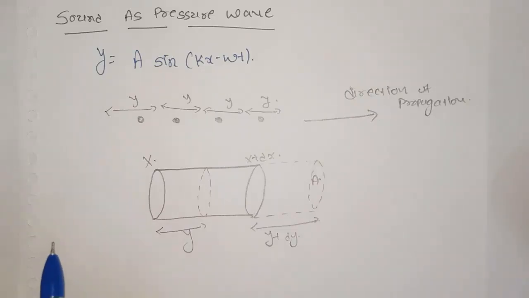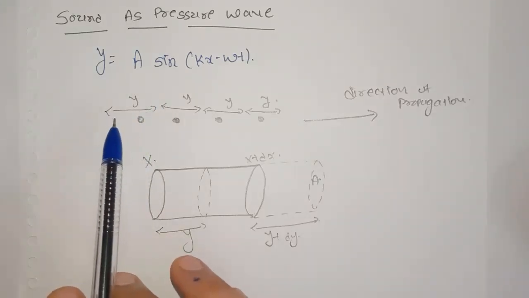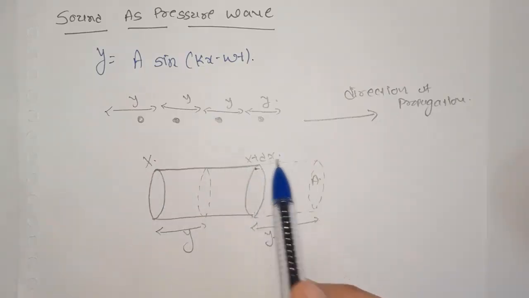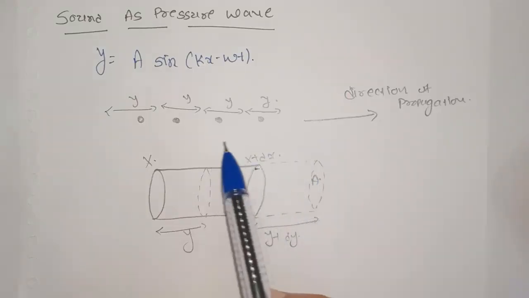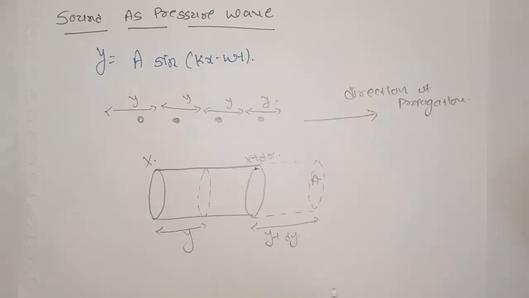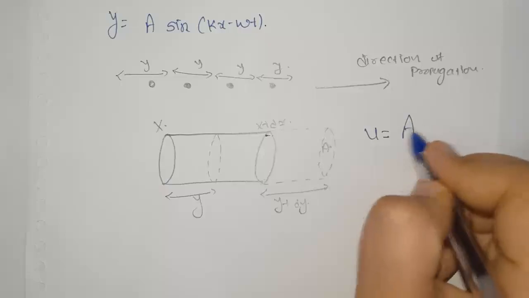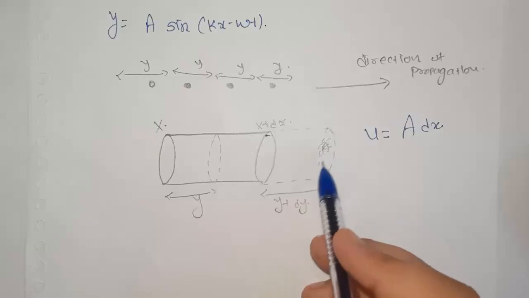For the wave described by this equation, consider a small element in a medium confined between x and x plus dx in the undisturbed state. The volume of the element in the undisturbed state will be V equals A dx, where A is the area of cross section.